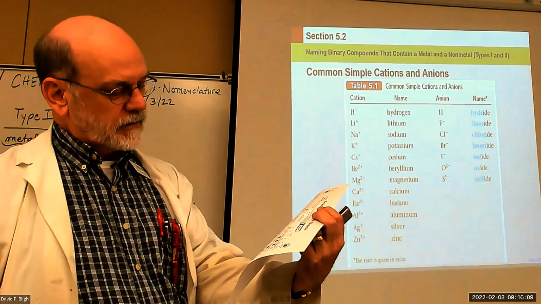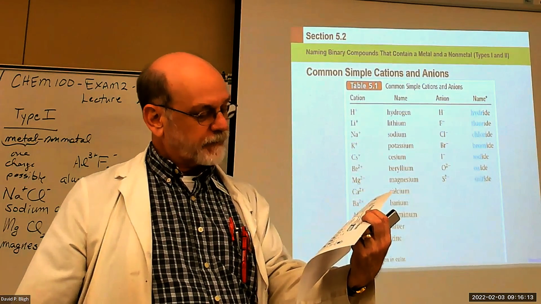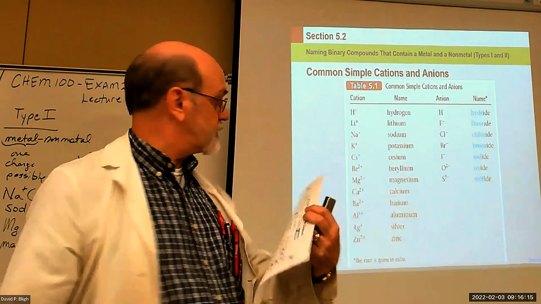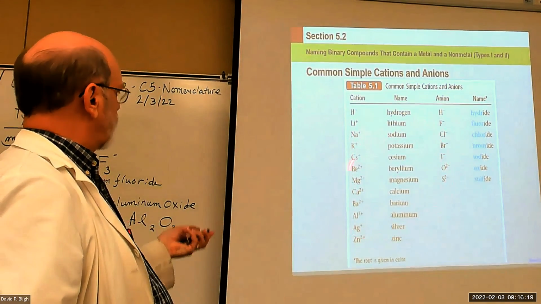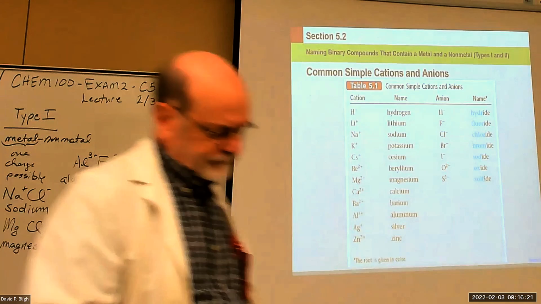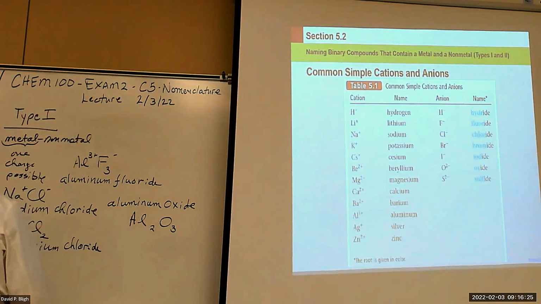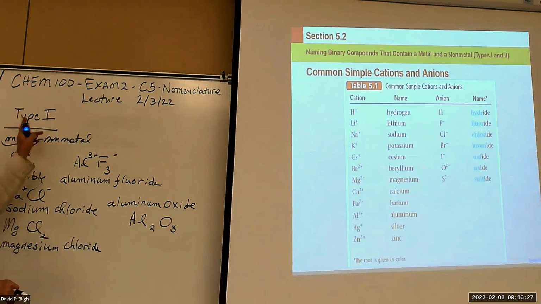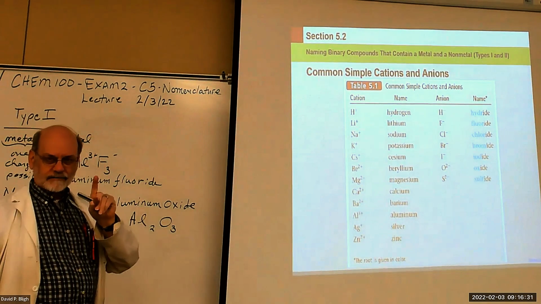Silver is like that also. Silver is a +1, zinc is a +2. Cadmium is a +2. Is it up there? They left cadmium off. So if there's only 1 possible charge, you use the type 1 convention for the metal.